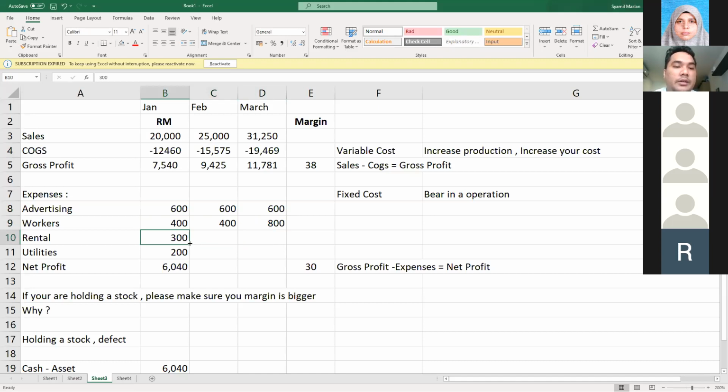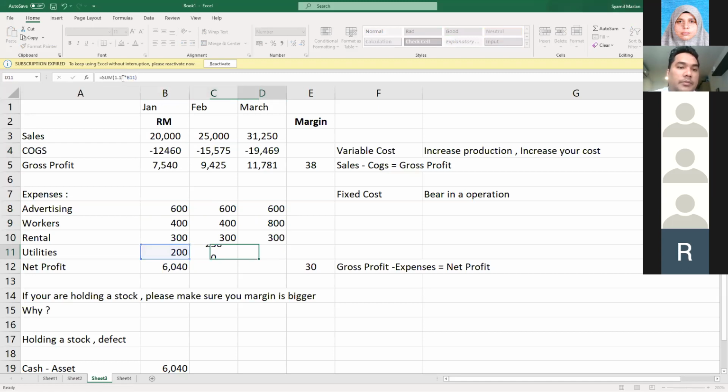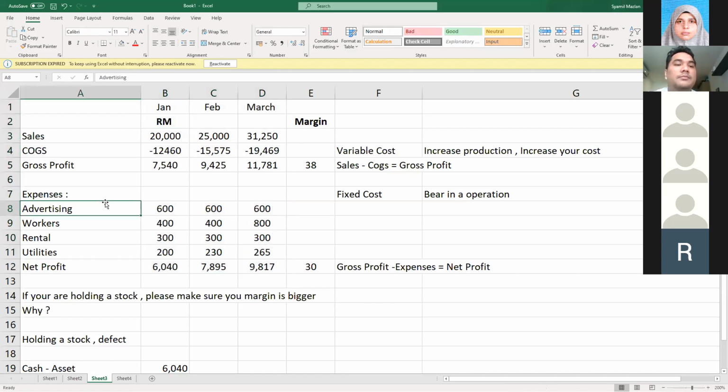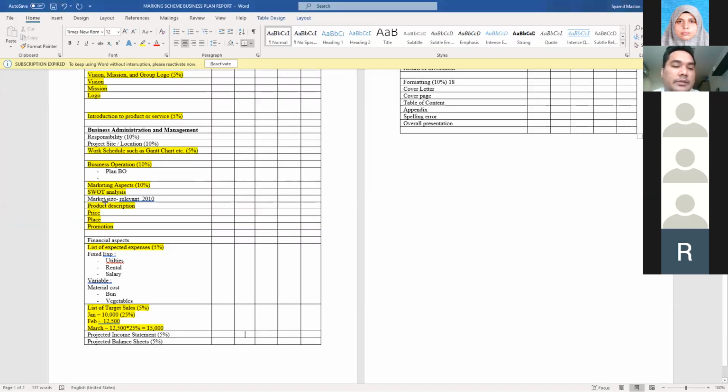And then the rental is the same, and the utilities may increase by 10% per month. So now this is your net profit. Ta-da! This covers your 3 months for the projected income statement.